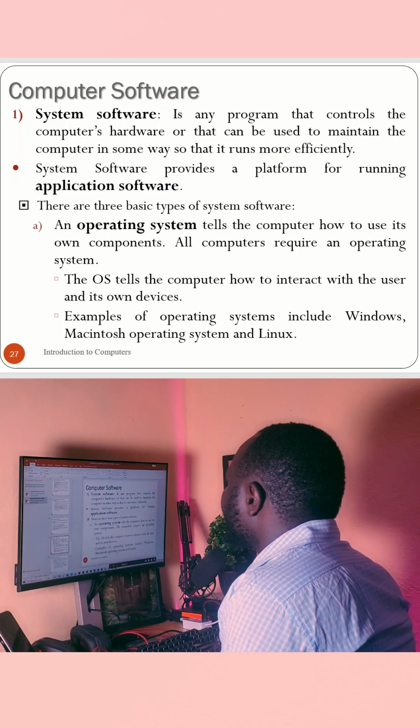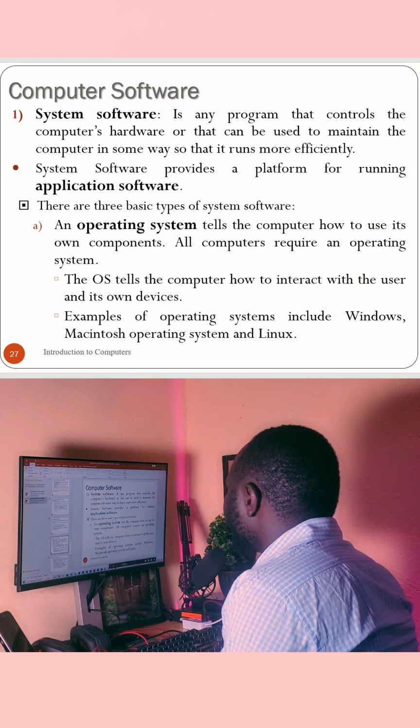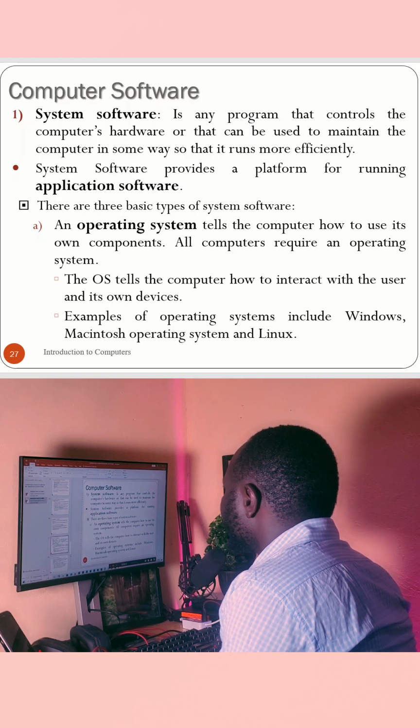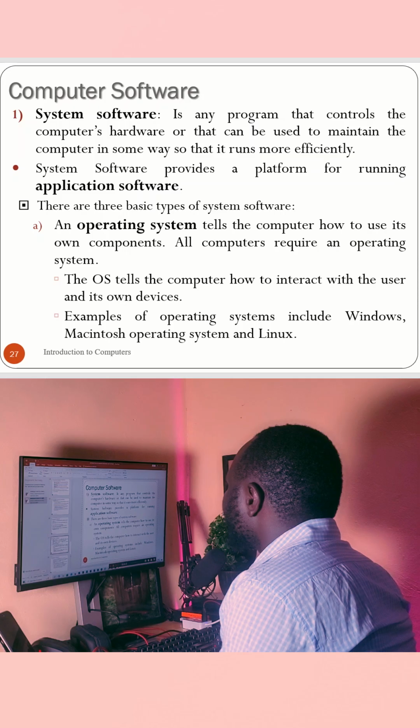What is system software? System software is any program that controls the computer hardware or that can be used to maintain the computer in some way so that it runs more efficiently. System software provides a platform for running application software.